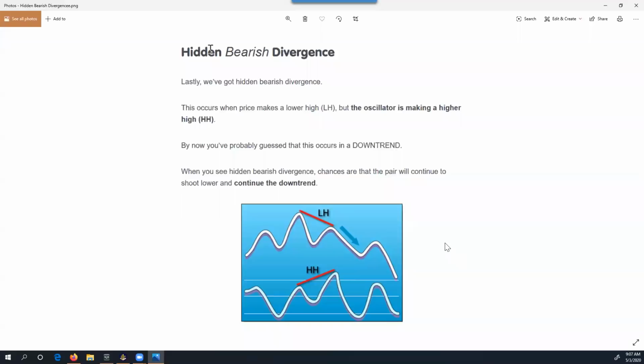So this would be a trend resumption, when to get back in the direction of the trend, and so that indicator right now is basically telling us that we're going to see a resumption of the downtrend, and we'll look at that on some charts in just a minute. So that's called hidden bearish divergence.